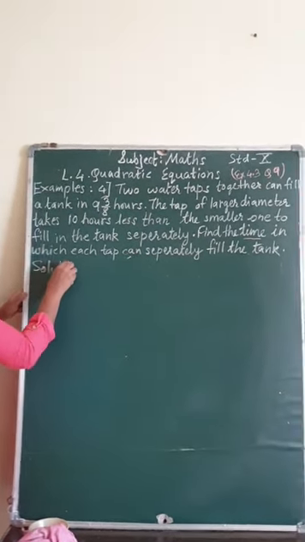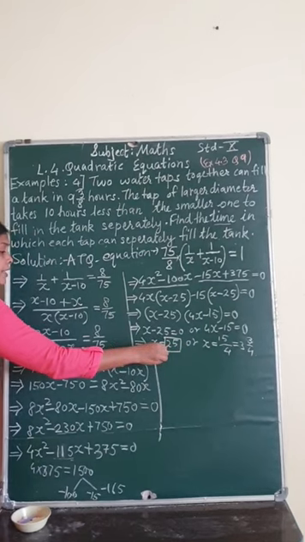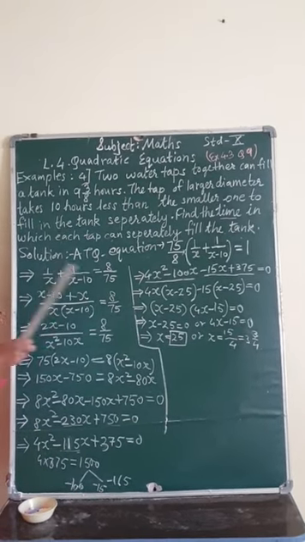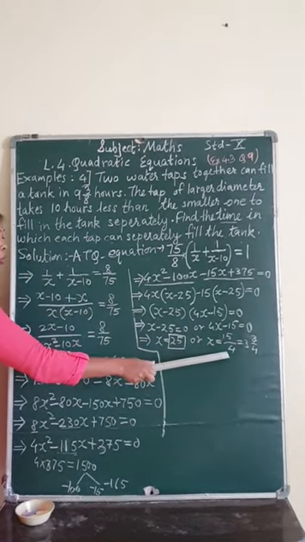And that required answer is this. We cannot take x is equal to 15 upon 4, because if we take this, it means the smaller tap, or the tap with smaller diameter, will take 3 hours and 3/4 to fill the entire tank. But here it is given that together the full tank is filled by both the taps in 9 hours.